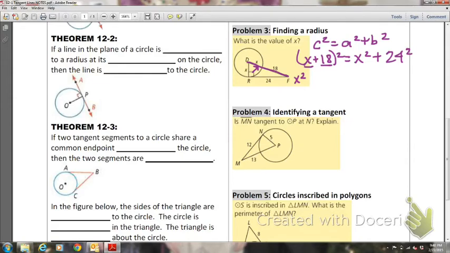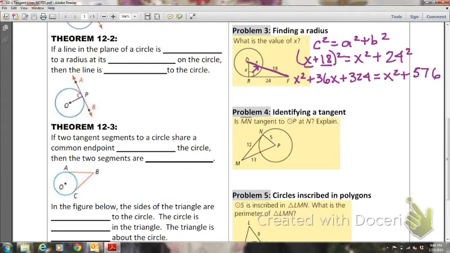The product of these two terms is 18 times x, 18x, and you double that, so it's 36x, plus the square of your second term. So 18 squared is 324. So that equals x squared plus 24 squared, which is 576.